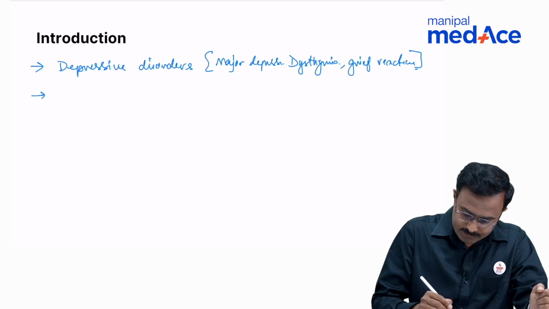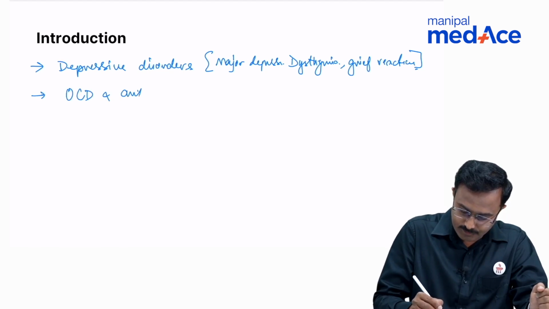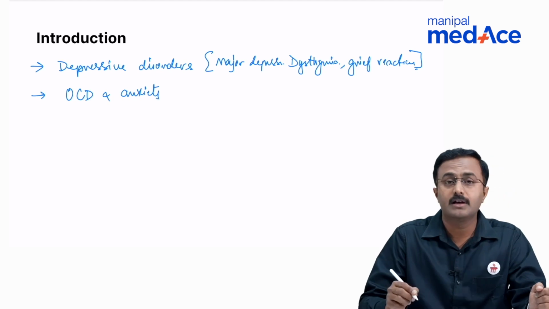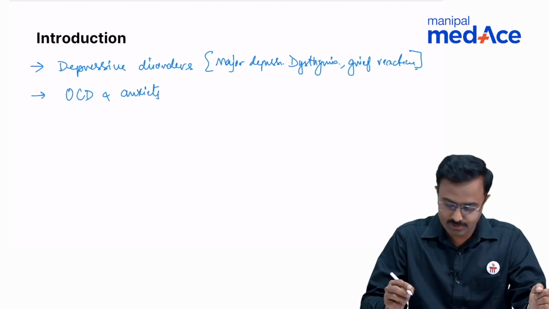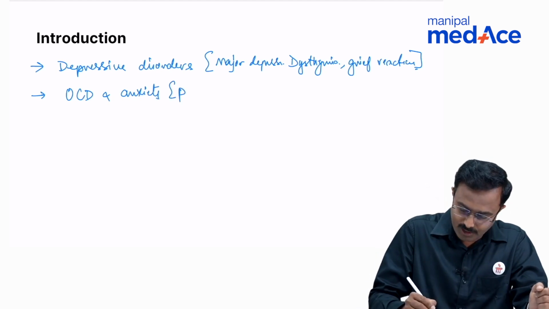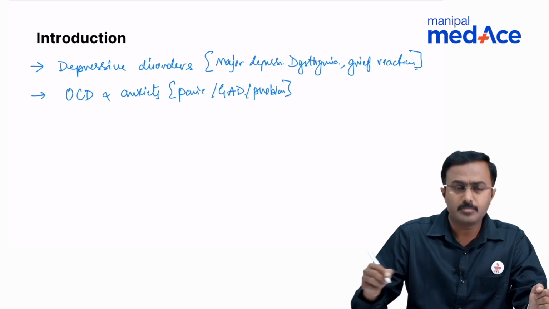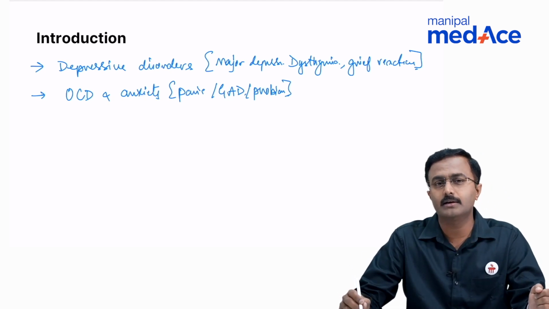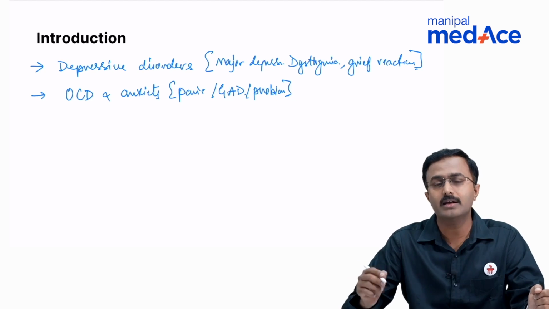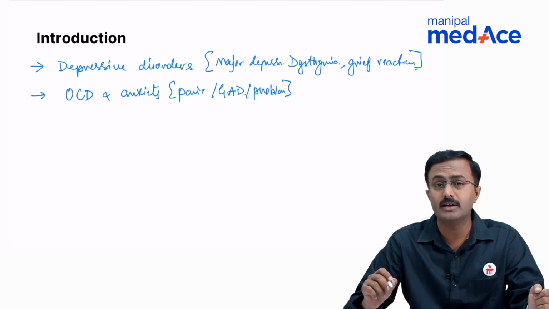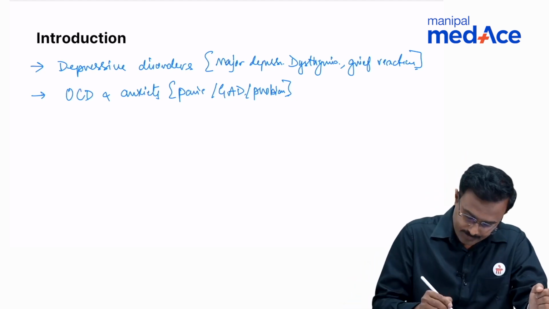There are disorders like OCD and anxiety disorders. Even in this, antidepressants are used. Anxiety disorders can be panic disorder, GAD, phobias, social anxiety disorder. But only in case of OCD, the dosage is given higher than that given in depressive disorders.